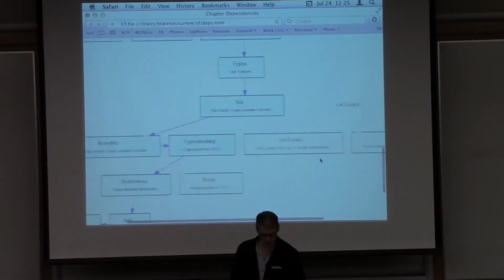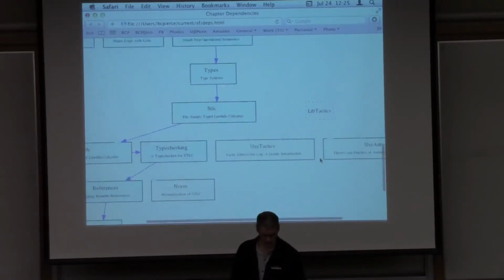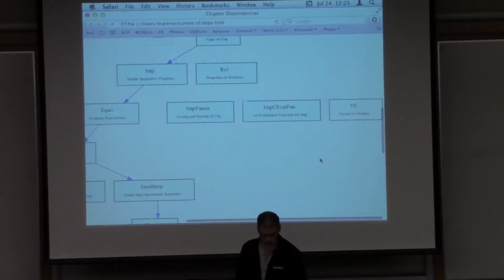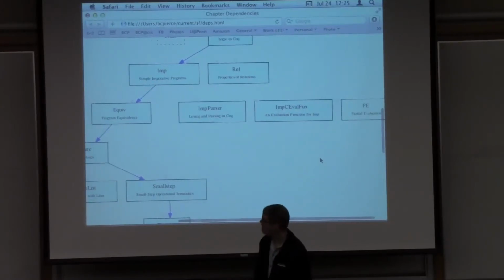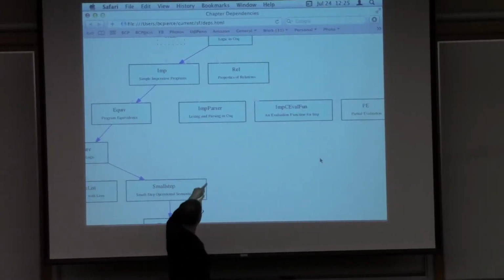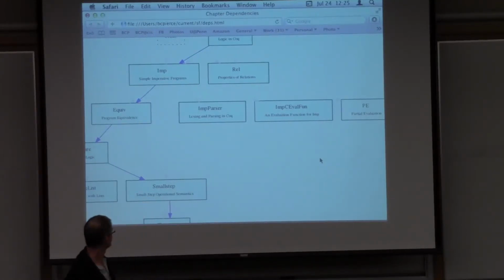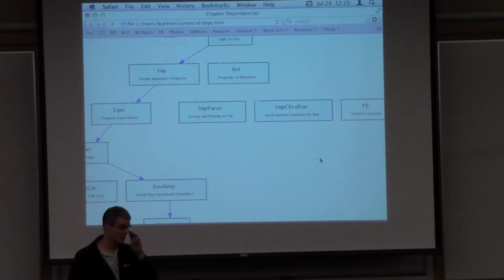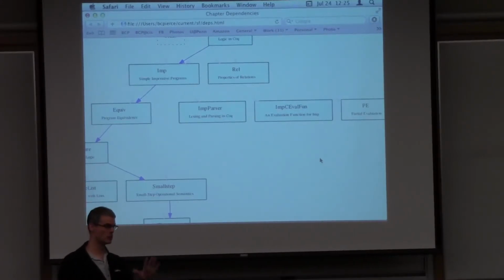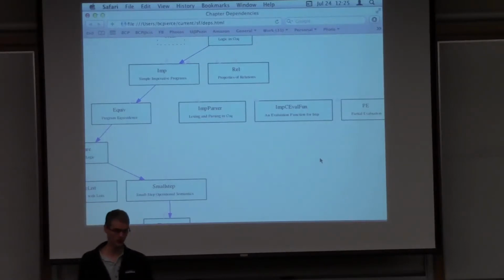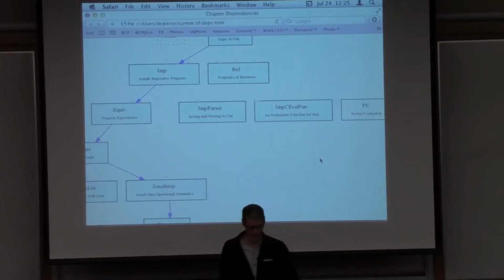Then along the way, there are some optional chapters that we've skipped. So first of all, up here, there's a chapter which I think I'll talk about a little bit tomorrow, which is a parser for IMP. So nothing very much is proved in there, but it's interesting as an example of just programming using Coq's somewhat limited functional language, and fleshing out, going toward the concrete syntax part of the front end of an interpreter.